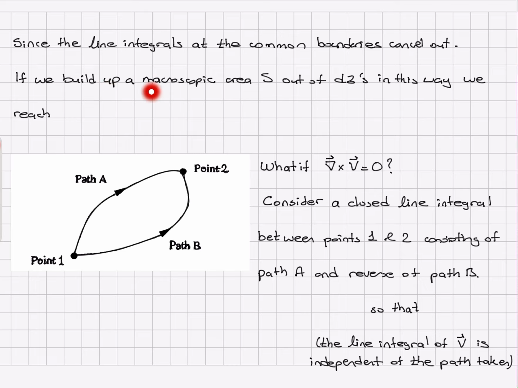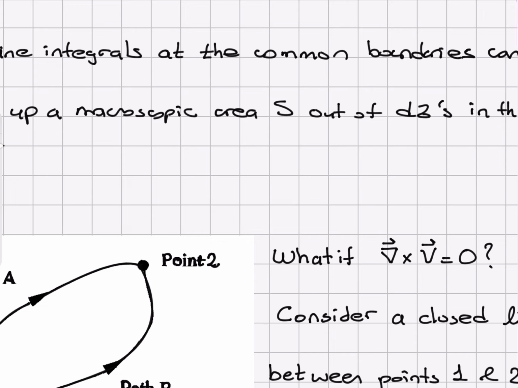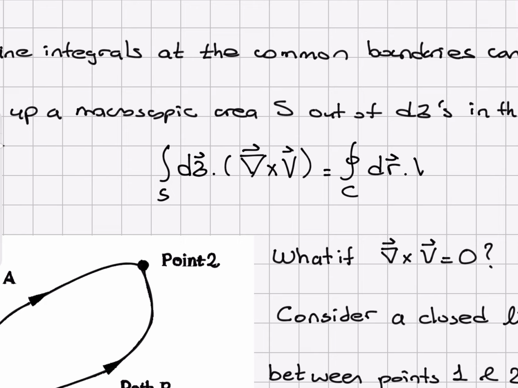If we build a macroscopic area capital S out of d sigmas in this way, we reach the conclusion that the surface integral d sigma dot curl of vector v is equal to the closed path integral dr dot v.